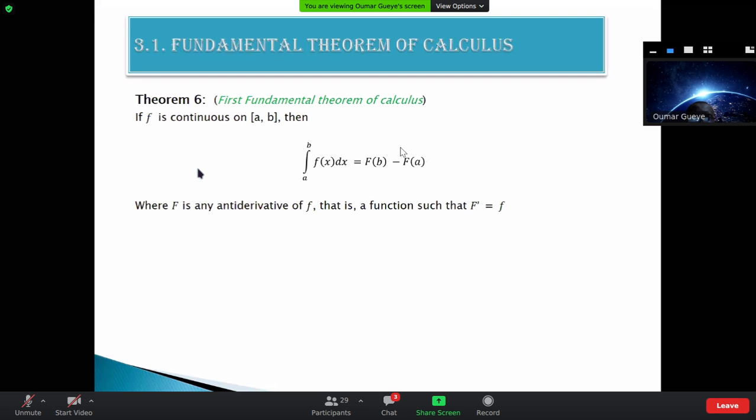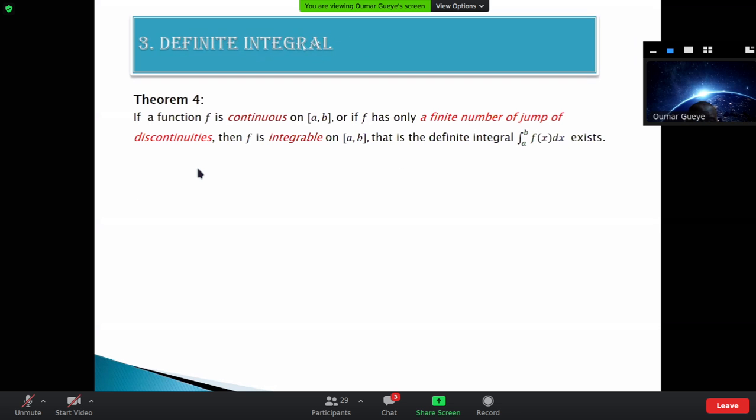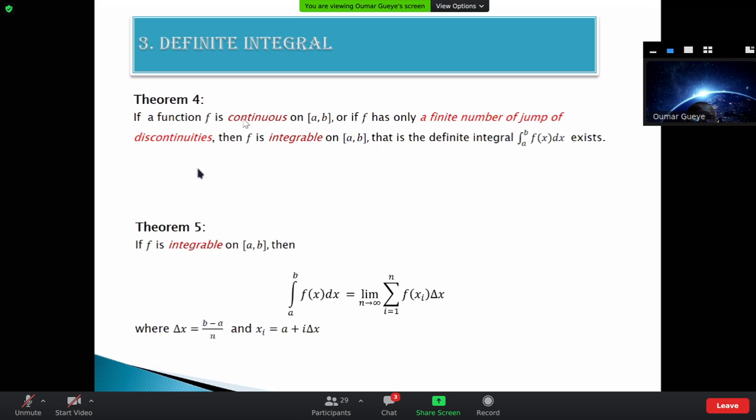So here is the FTC, the fundamental theorem of calculus. What the theorem says is, if your function is continuous, and based on theorems 4 and 5 that we've seen before, the continuity is very important in this case. As you can see here, I told you from theorem 4, when my function is continuous, it is going to be integrable.